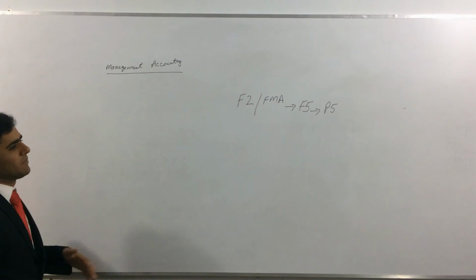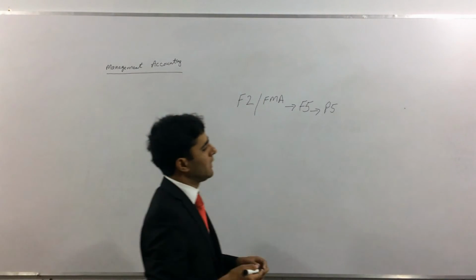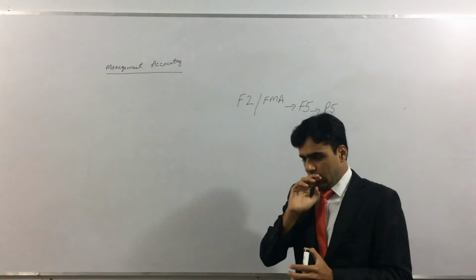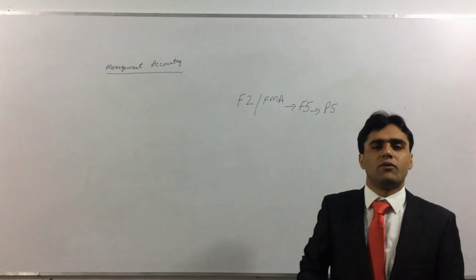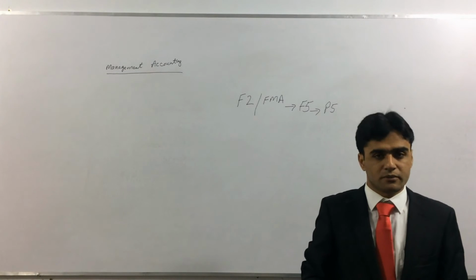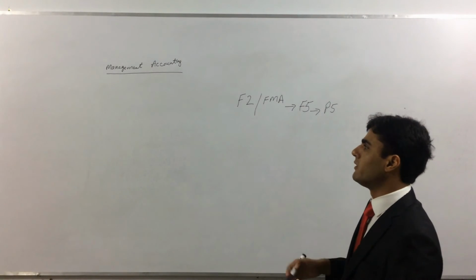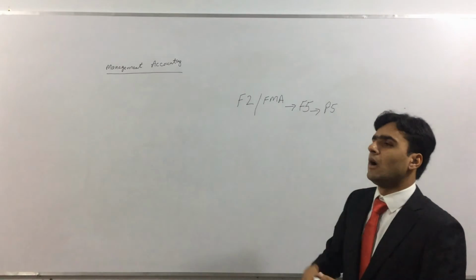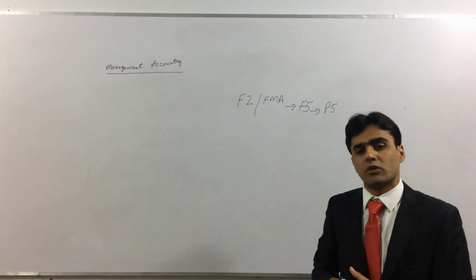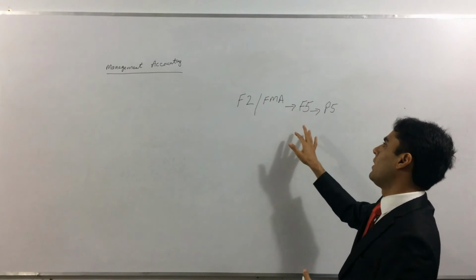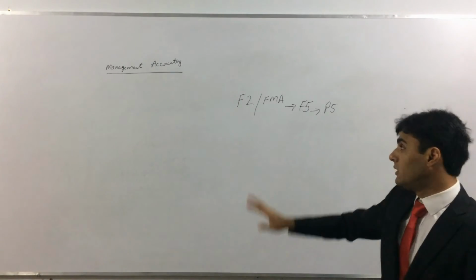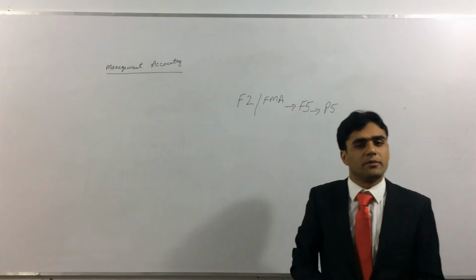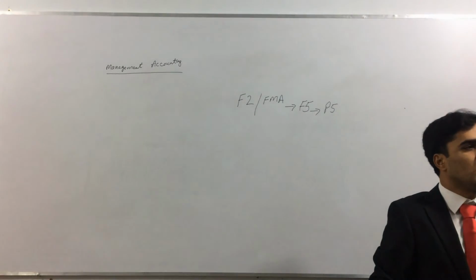Although its name is management accounting, most of the things which we will be dealing with at this level will be relevant for the cost accounting exam. Right? So most of the bits and pieces, most of the topics which you will see will be relevant for the cost accounting paper. This is the only paper where we see much of cost accounting. We'll see a little bit of cost accounting at F5 as well, but that paper deals much more with the management accounting aspect. Right? So shall we see the topics then?